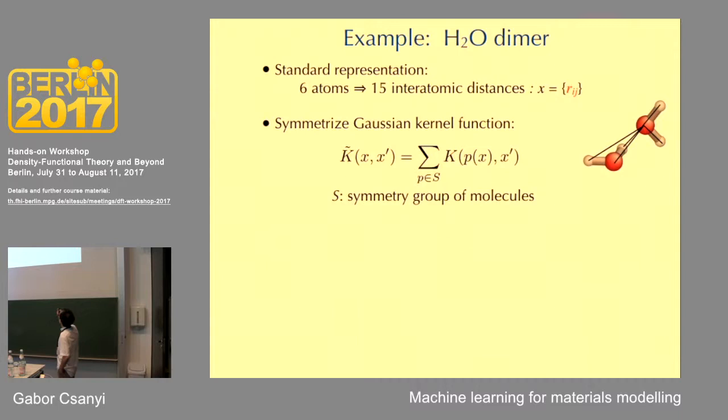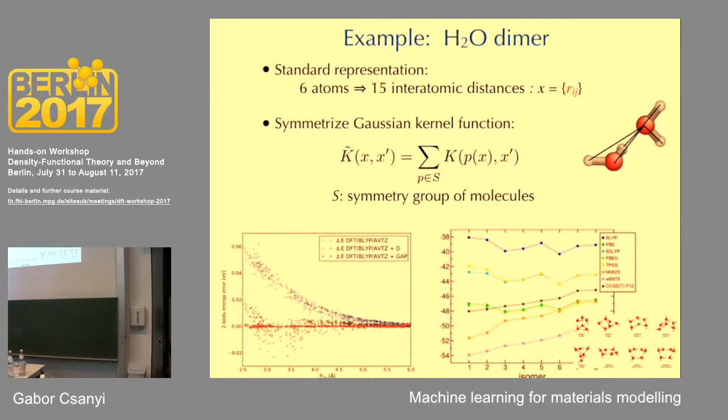So there's 8 ways to permute atoms to get back to the same pair of molecules, and we can take the sum over the 8 permutations of the kernel to get a new kernel. And that's now not a Gaussian. It's a complicated sum of specific Gaussians that is my basis. So I just wonder, here's how hard this problem is, to fit the potential energy of a pair of water molecules.